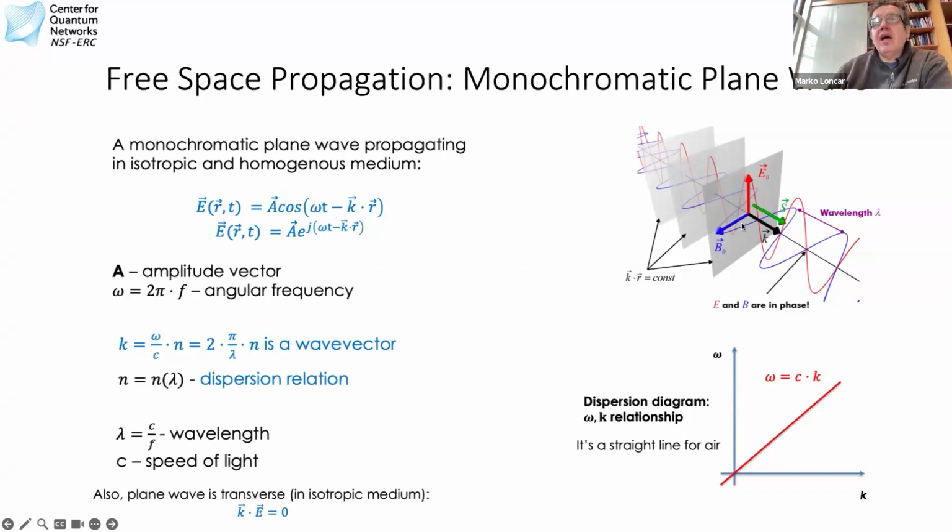So basically, if I have an electromagnetic wave propagating in free space, one of the shapes that the electromagnetic wave can take is a plane wave. This is illustrated in the figure to the right. The electromagnetic wave has electric field and magnetic field components that are orthogonal, and they are also orthogonal to the so-called vector k, which is the propagation direction of this wave.